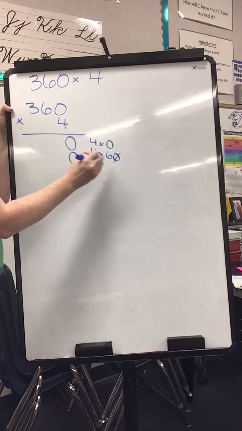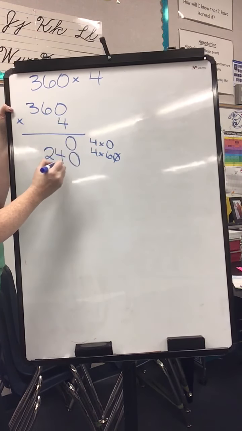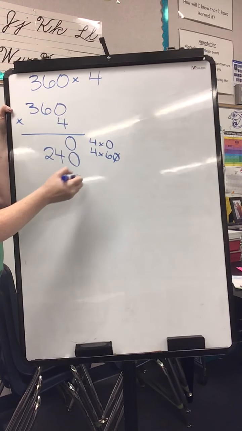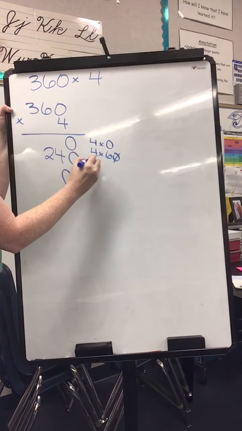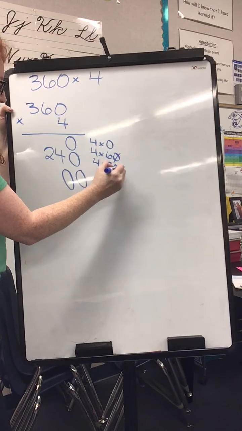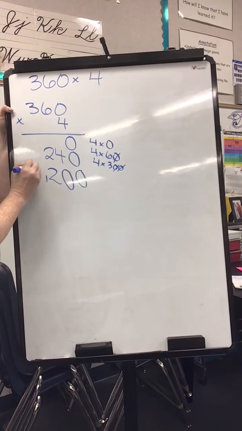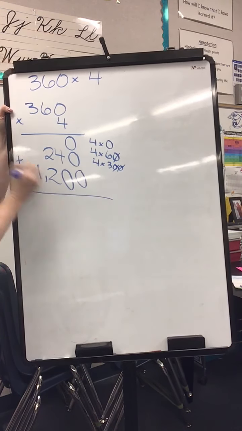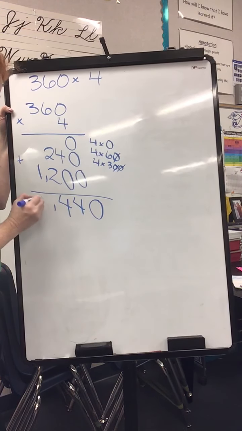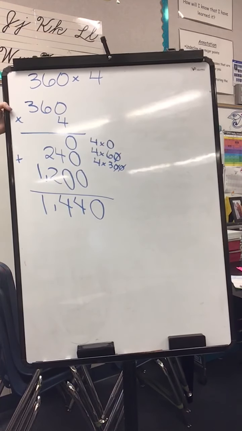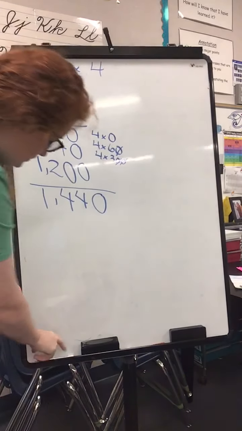So 4 times 6 is 24, so 4 times 60 is 240, and now I'm done again with the ones and the tens place, and I'm looking at 4 times 300, but since I already have my zeros here, it's 4 times 3, which is 12, and then I'm going to add it together. So I have 1,440, and I'm going to use a different colored marker to do area model.